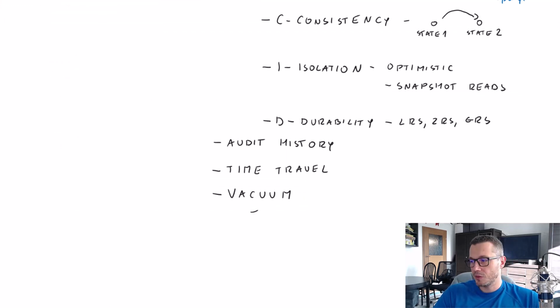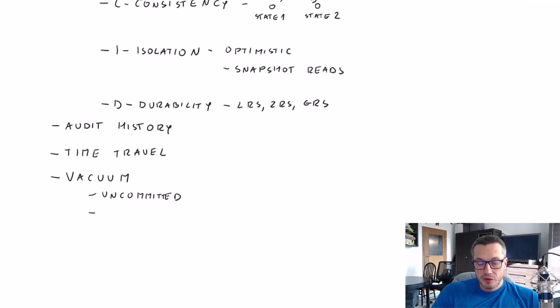It allows us to remove files that we no longer need. For example, it would remove uncommitted files. So it would just clean it up, and we don't want to pay for them.